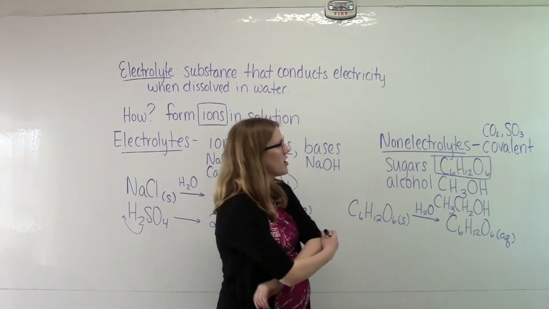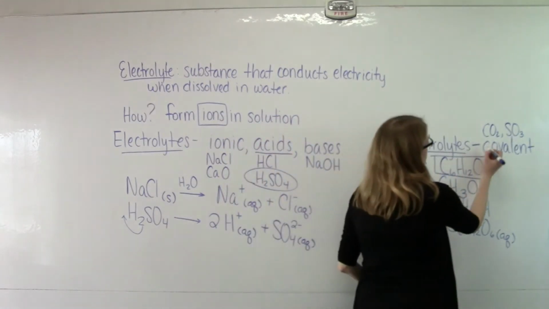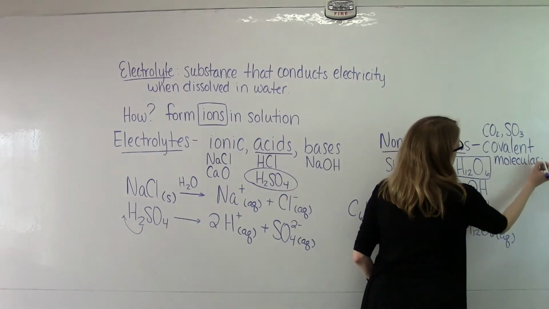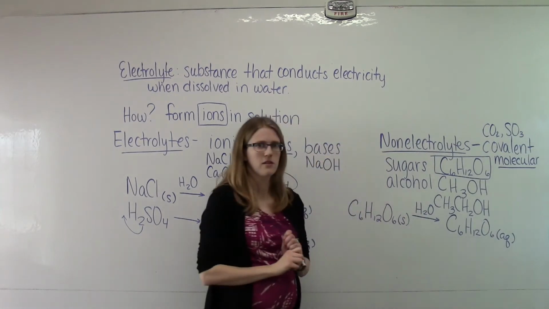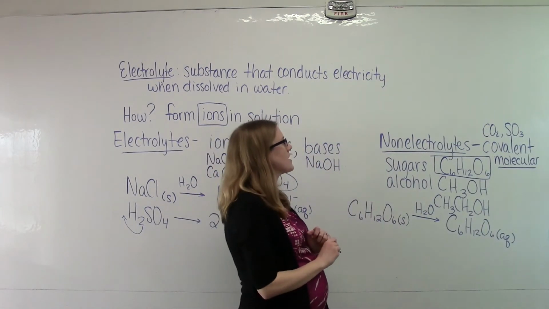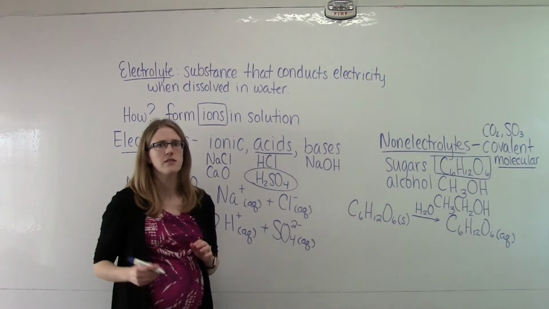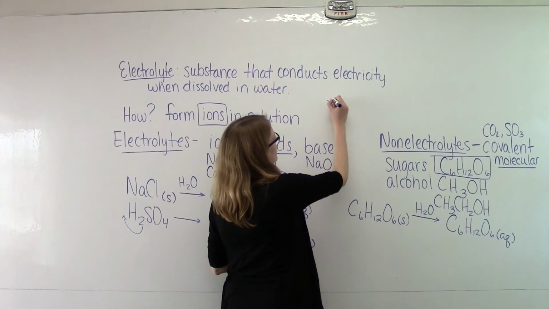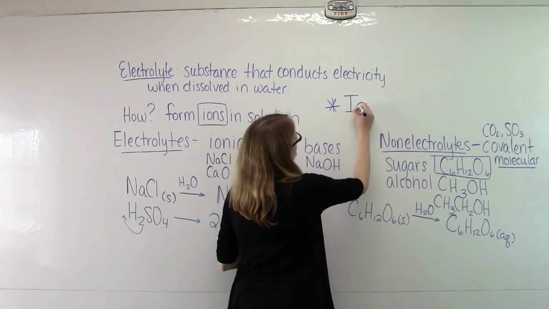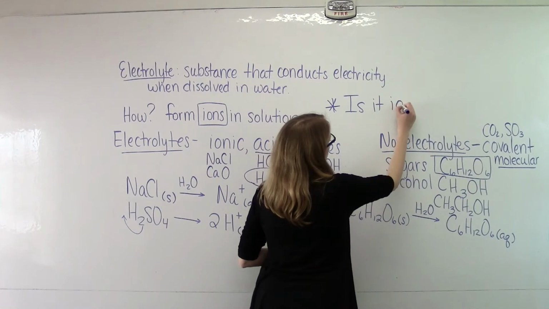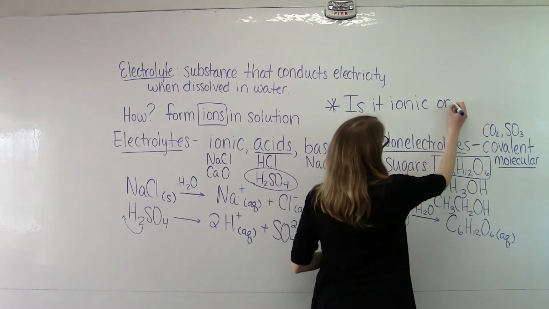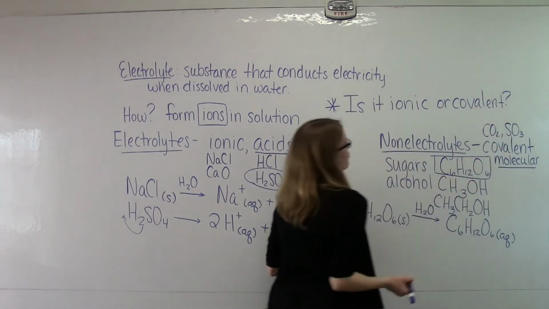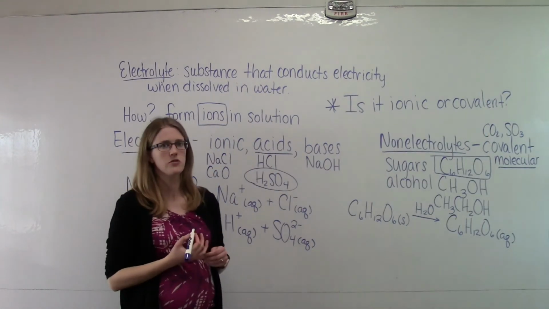One thing I want to tell you about covalent: another word for covalent is molecular. Molecular means covalent. One last thing I want to remind you of brings us back to the bonding unit. Remember our very important question on the bonding unit, we are constantly asking, is it ionic or covalent? I want you to ask that question as you're trying to figure out if it's an electrolyte or not.